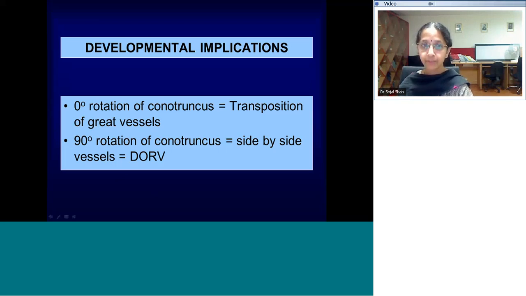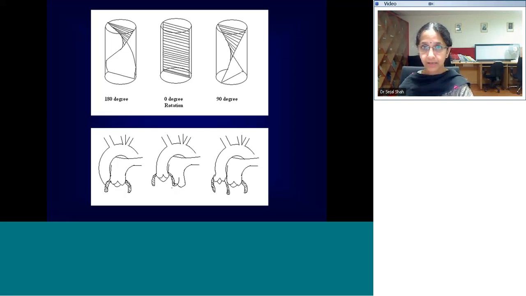And if it partially rotates, say 90 degrees, then you can have great vessels standing next to each other, as you see in a double outlet right ventricle. So in the figure you can see here, normally it has to rotate 180 degrees. 0-degree rotation means the spiral septum is going to be straight, or partial rotation is 90 degrees.